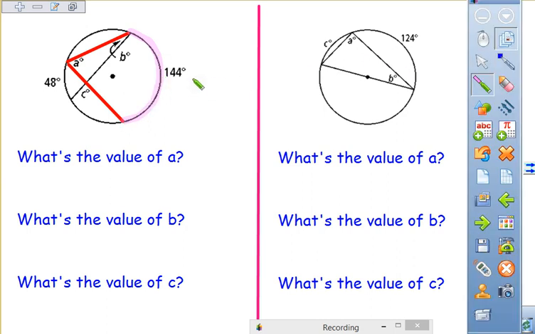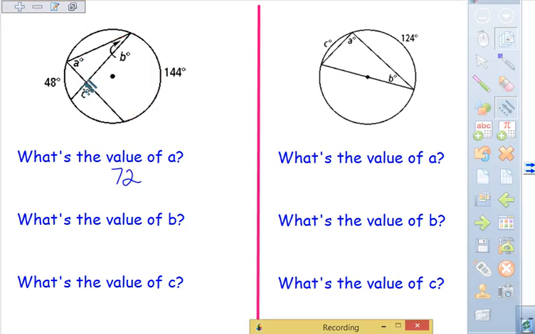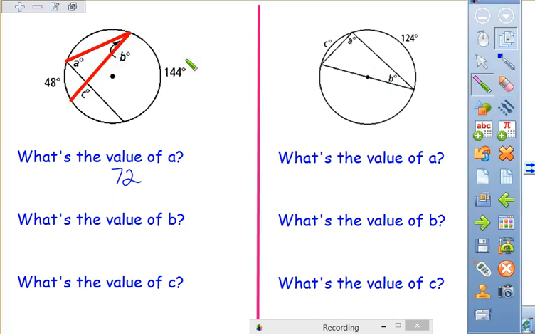Our relationship is that the inscribed angle is half the measure of the arc, so half of 144 is 72. The value of B. I'll highlight the intercepted arc for B, the inscribed angle, and here's the intercepted arc. The relationship is half. So half of 48 is 24.